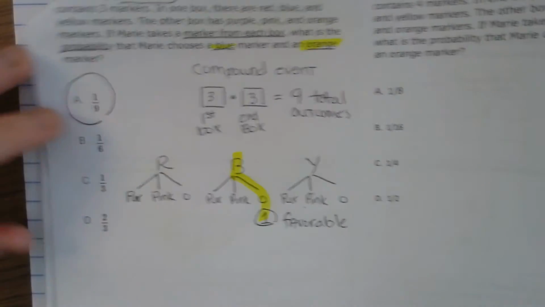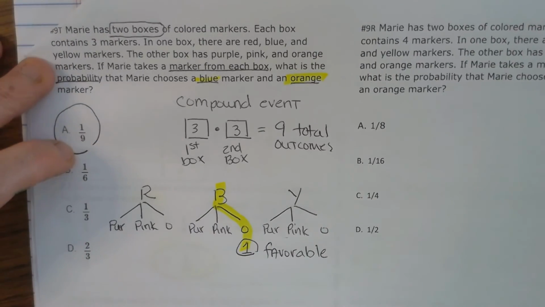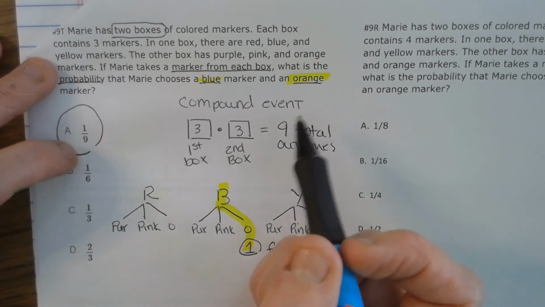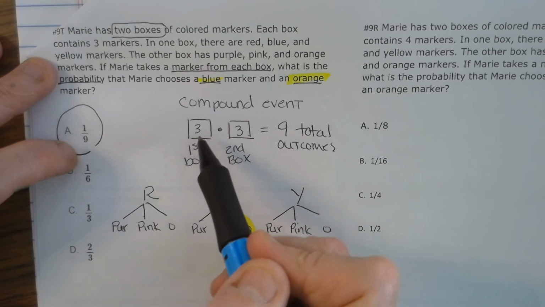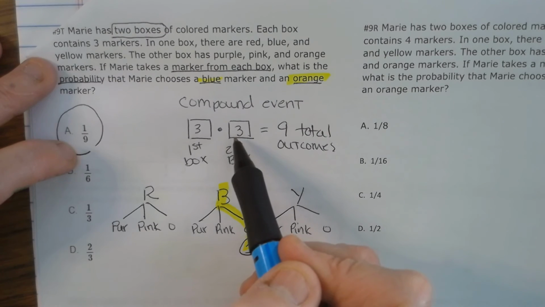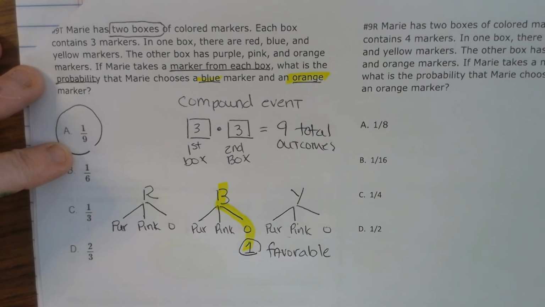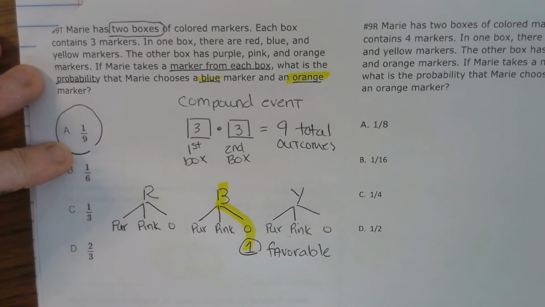All right, and then the last one. Maria has 2 boxes of colored markers. She is going to draw from each box, so that's another compound event. She's drawing from one box, then the other box. One box has 3 markers in it. The other box has 3 colored markers in it. When I multiply that together, I get 9 outcomes. This time I chose to do a tree diagram just so you could visualize.